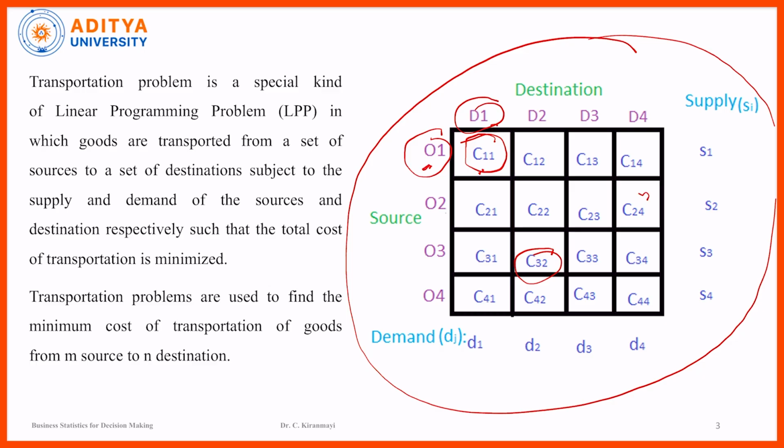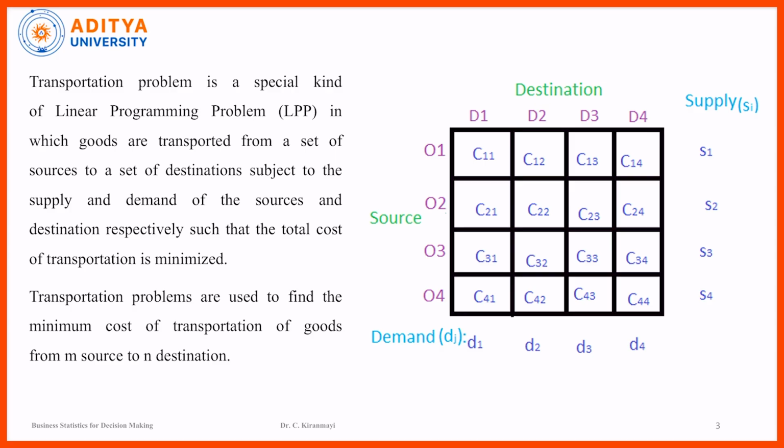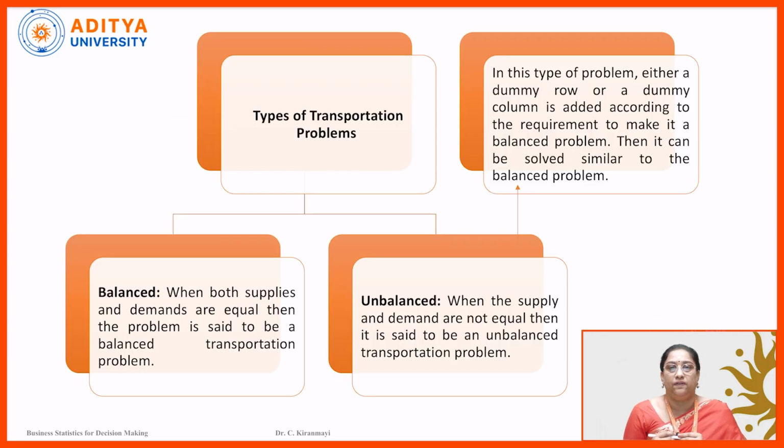C23 denotes the cost of transportation of one good from the second source, origin 2, to the third destination. This is how we can initially formulate the problem as a transportation problem. Now the objective is to find the optimum number of units to be transported from one source to another destination so as to minimize the transportation cost.